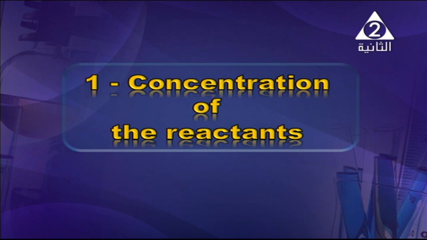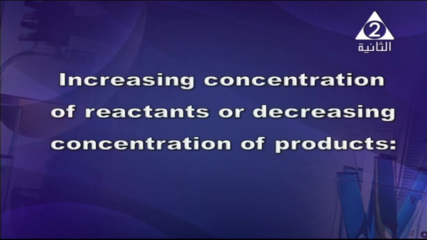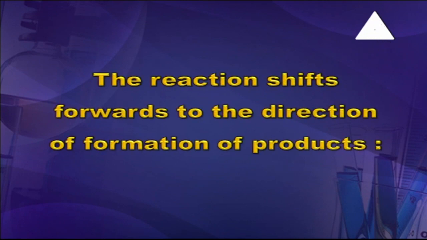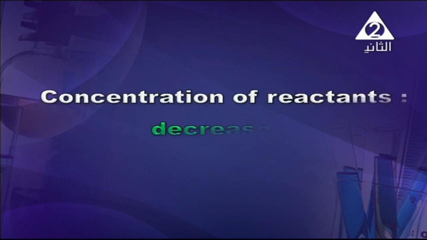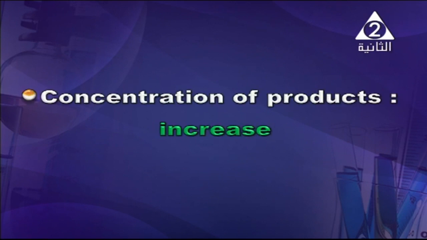We are going to discuss first the concentration of the reactants. Increasing the concentration of the reactants or decreasing the concentration of products: here the reaction shifts in the forward direction as the formation of products increases. So the concentration of the reactants decreases and the concentration of products increases.